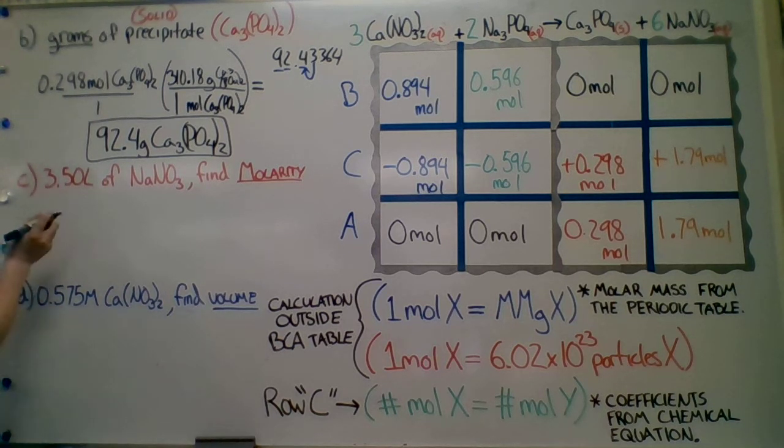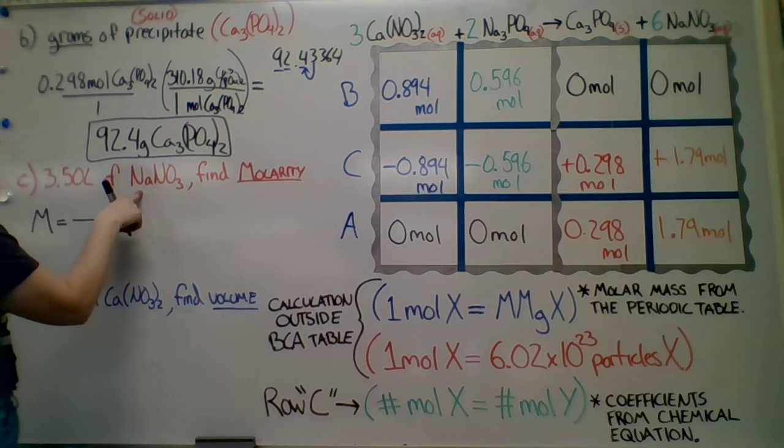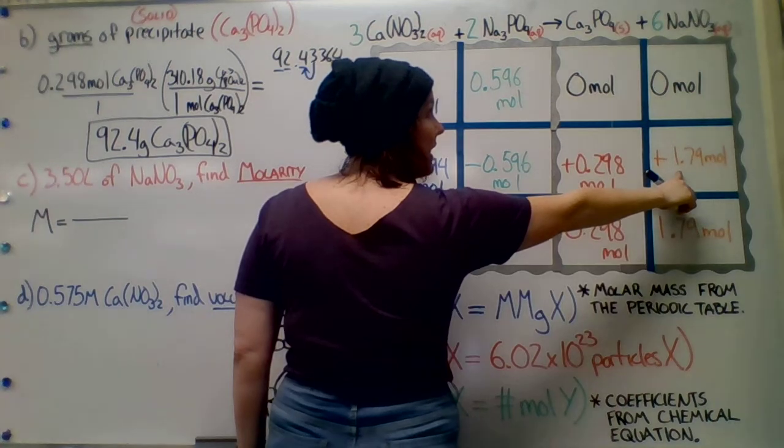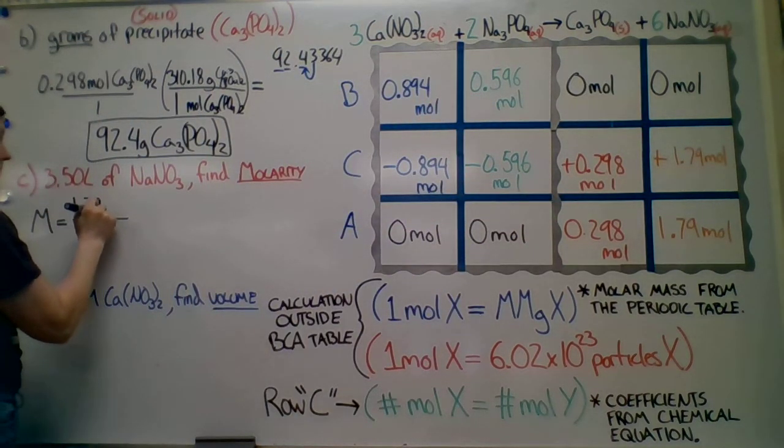That should be molarity equals, because we don't have molarity, moles of solute, which I get from my BCA table. So we are looking for NaNO3. We produced 1.79 moles of NaNO3, so I'm going to plug that in over here, 1.79 moles.